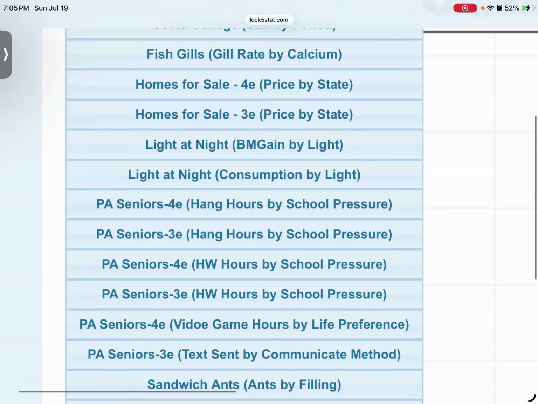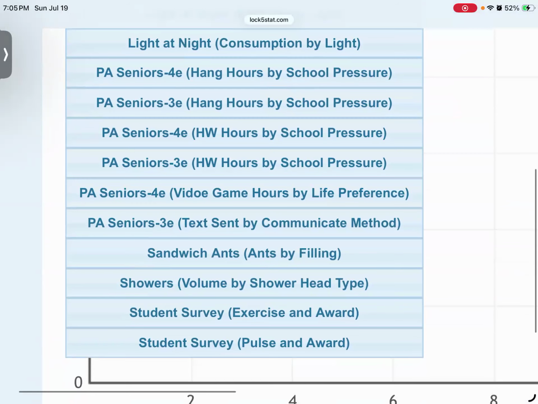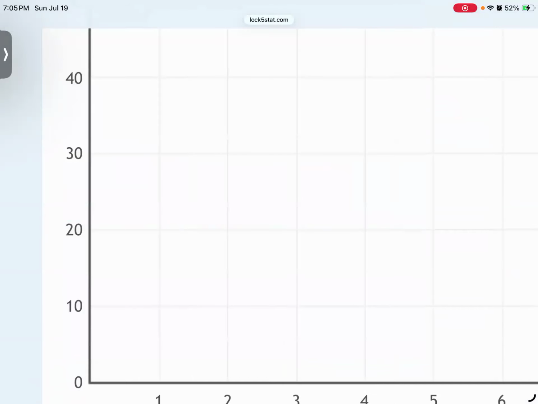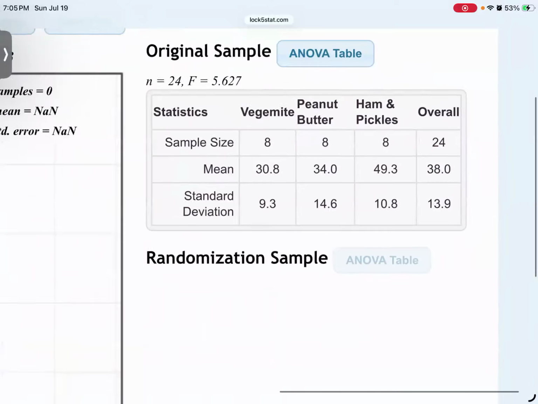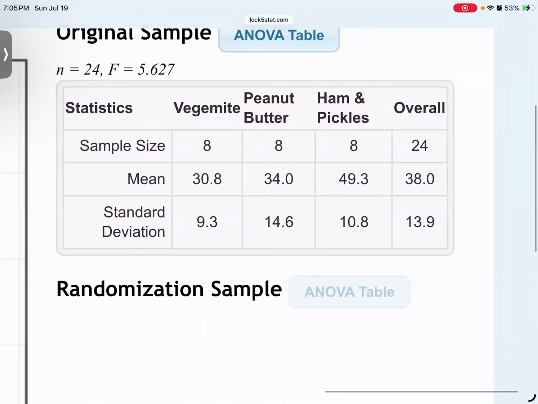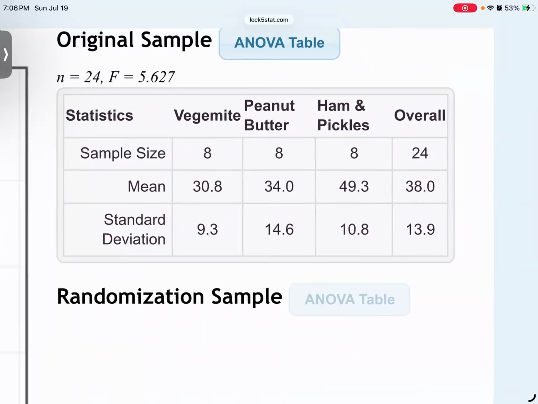The lecture handout that you had might already have it identified as the sandwich ants by filling. So we're going to click on that one. It's the only one about sandwich ants, I'm pretty sure. You can see right here that it's got the data set that they mentioned to us. Remember, they did it 24 times, and the means were 30.8, 34, and 49.3. So this is the right data set that we need.